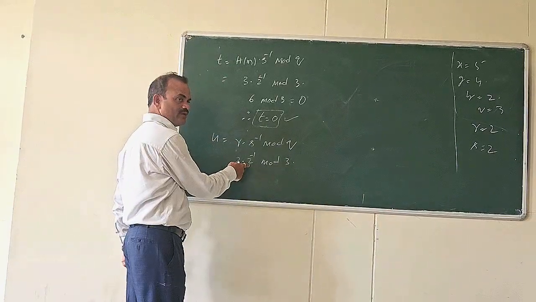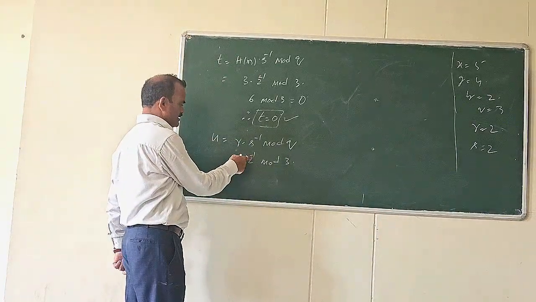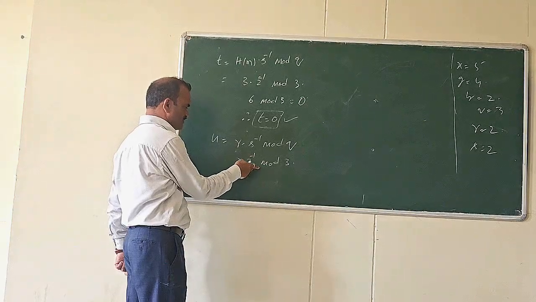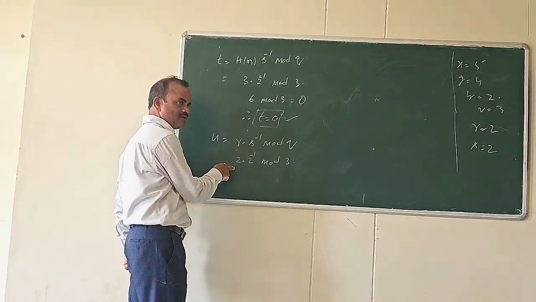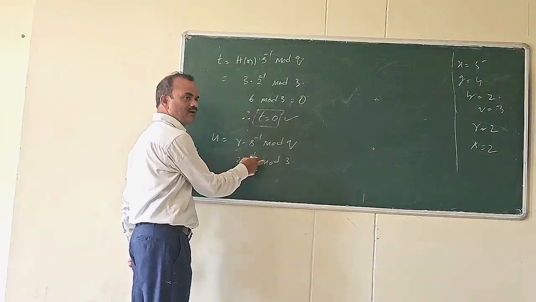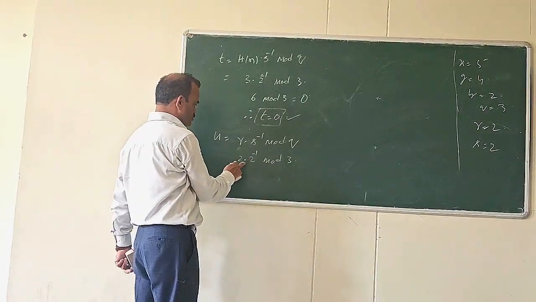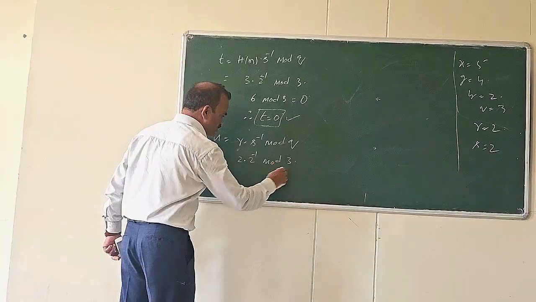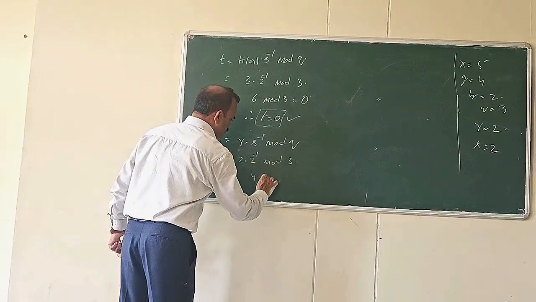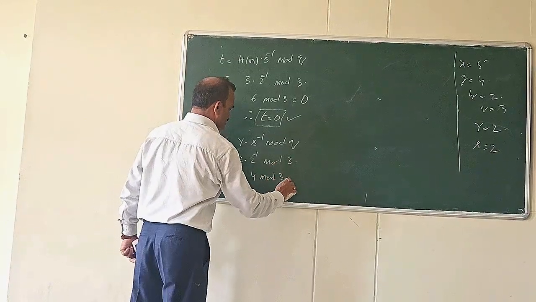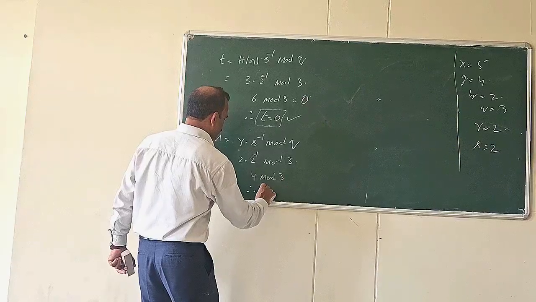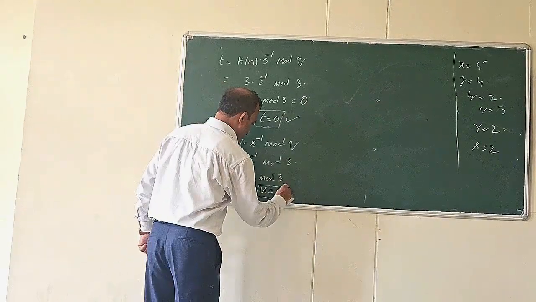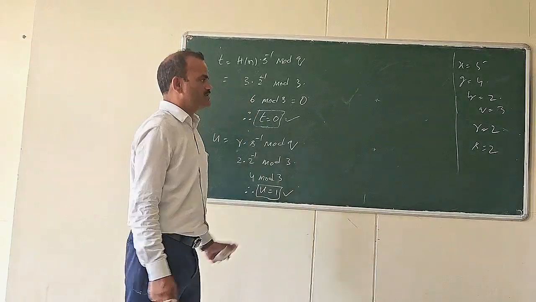The same thing we recollect: a multiplicative inverse multiplied with any number modulo 3 gives 1. So 2 into 2 is 4, mod 3. Therefore u equals 1.